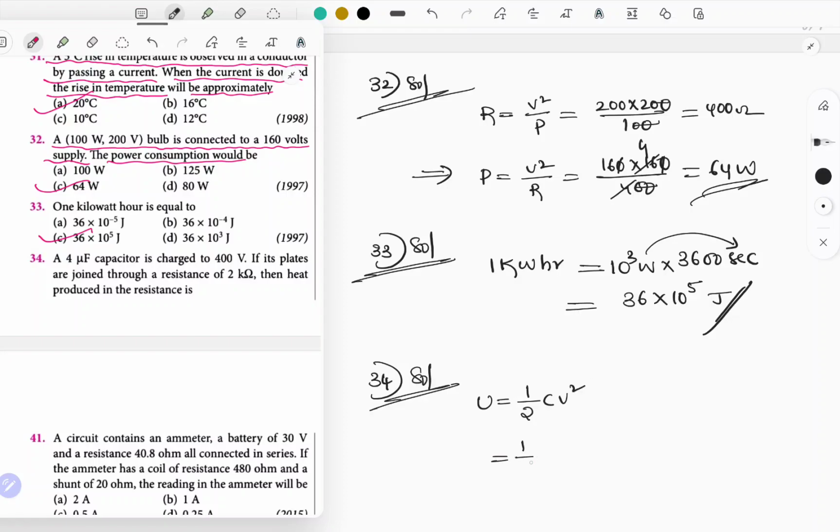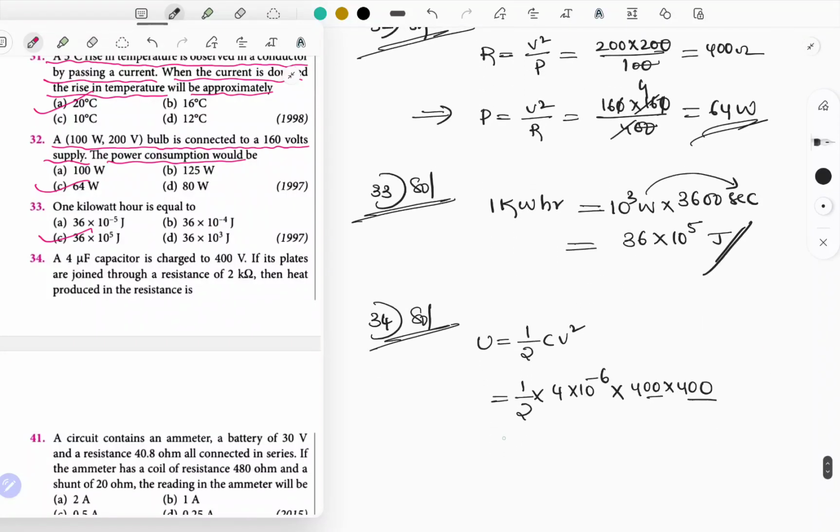Let me substitute that. 1 by 2 into C value is 4 into 10 power minus 6 into 400 squared. 400 into 400, so 10 power 2, 10 power 2, 10 power 4, 10 power 4 into 10 power minus 6 is 10 power minus 2. 4 4s are 16, 16 4s are 64. 64 divided by 2 is going to be 32. 32 into 10 power minus 2. So this is the value of energy stored.